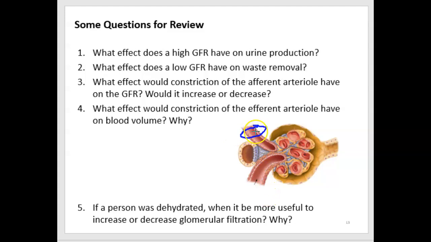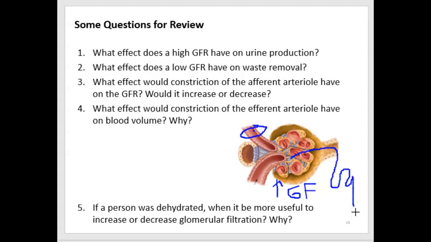If you constrict it, you make it more narrow. That will raise GFR, at least the pressure, right? It raises glomerular filtration pressure, net pressure. And so more filtrate will be formed. The more filtrate that's formed, the faster the fluid moves.